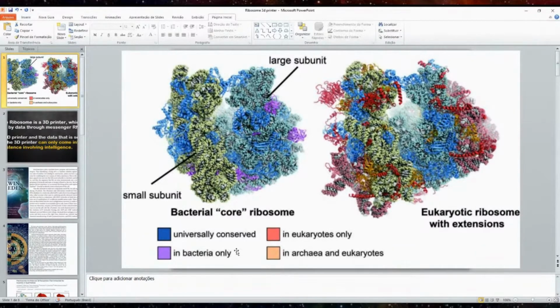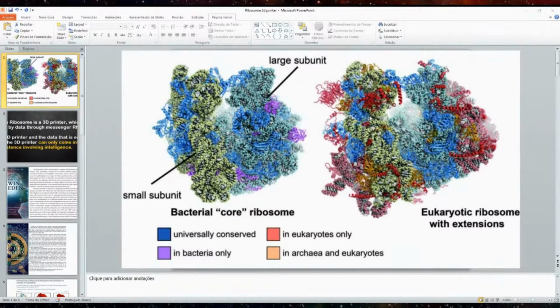And the parts in purple are only found in bacteria. And you see many red proteins here in the eukaryotic ribosome, which only exist in eukaryotes. So this is an interesting observation.